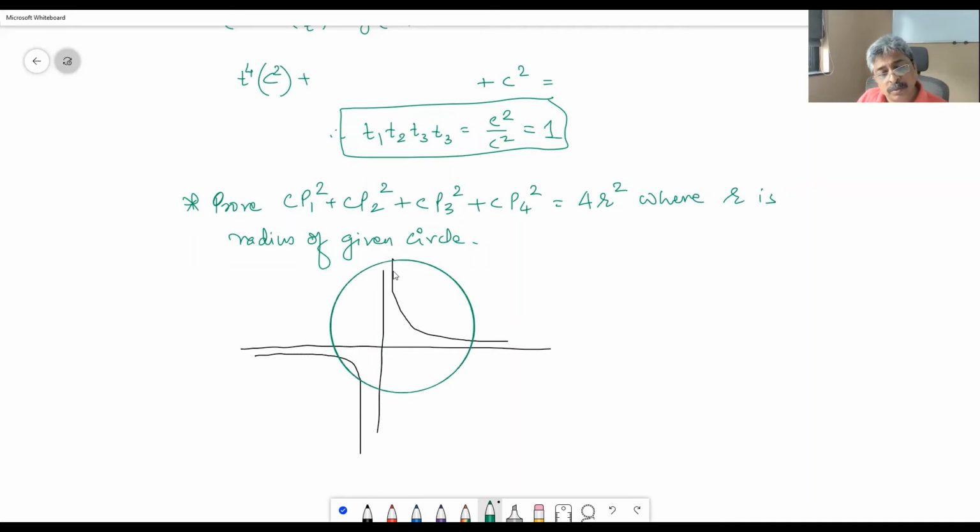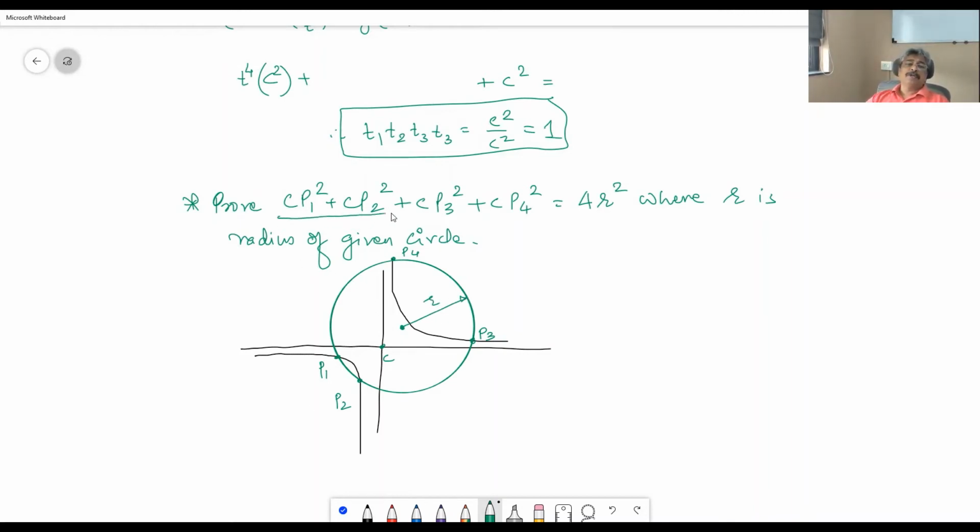Then you can consider this as P1, this as P2, this as P3, this as P4. This is our C, and the actual center of the circle will be somewhere else here, and this is your small r.